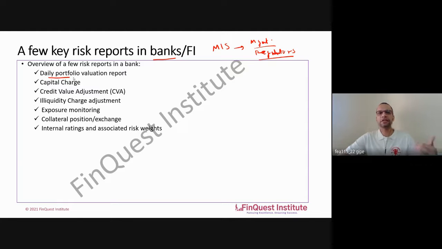Generally, these things start around 7:30 or 8 p.m. in the evening, so that the next day, when the risk analyst comes to office around 9 a.m., all of these reports are ready in the system. So this is what we call portfolio valuation. Why do we require portfolio valuation, etc.? We'll cover that in due course, but this is one of the reports.